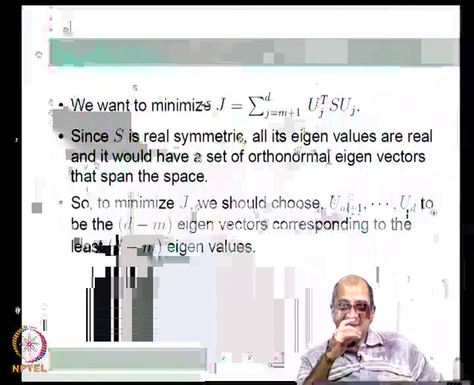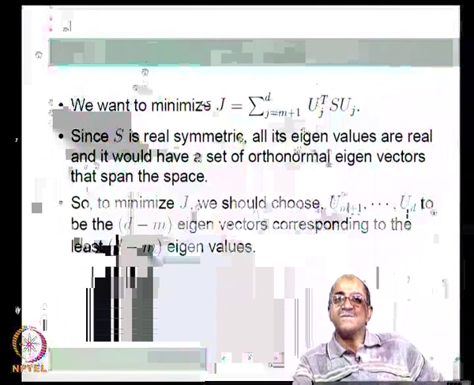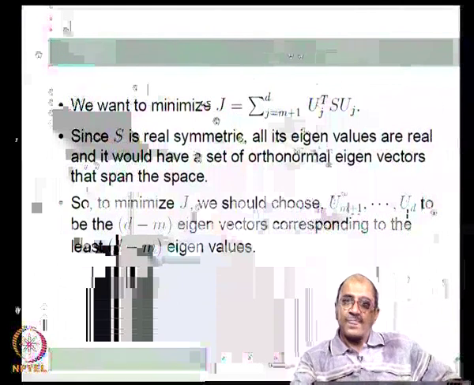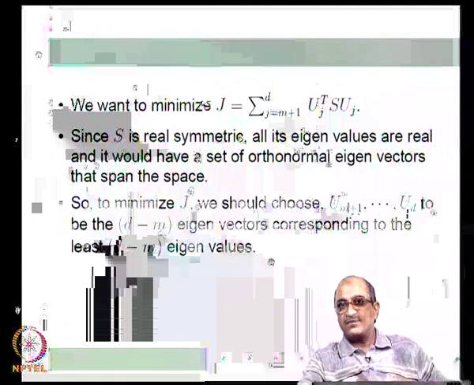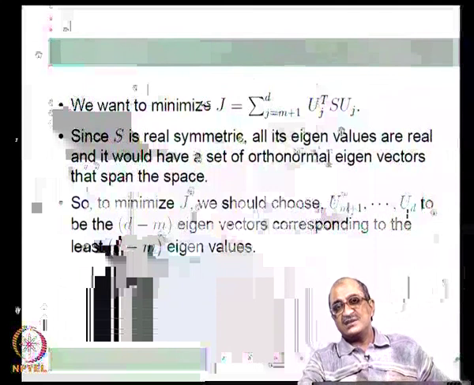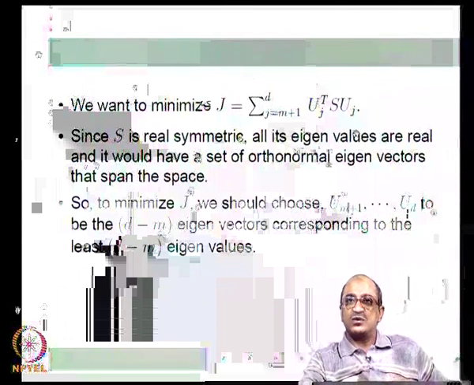You take the eigenvalues of S, take the least d minus m eigenvalues and take the corresponding eigenvectors, that is the least I can make this J. So, what we have now shown is that if I want to minimize this, my choice of U_{m+1}, U_{m+2} up to U_d, the d minus m eigenvectors, corresponds to the least d minus m eigenvalues. Of course, in minimizing this I will be fixing only U_{m+1} up to U_d.